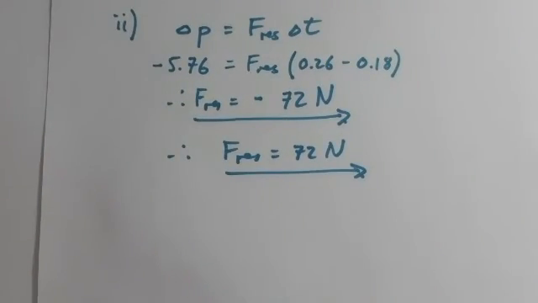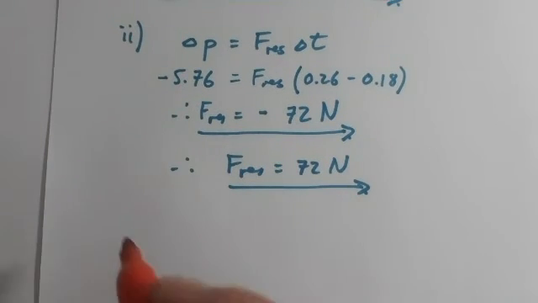This is now question C. Calculate the speed of ball S after the collision. Now, there's various ways that you can do it. I'm going to do it with the conservation of momentum. I am going to say the following.